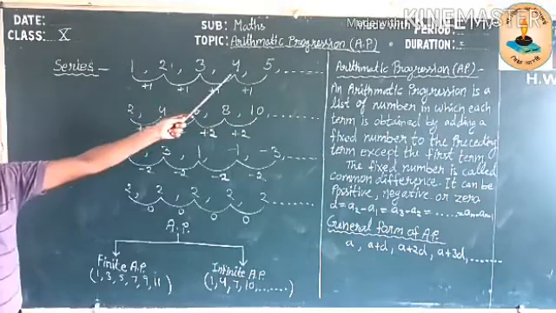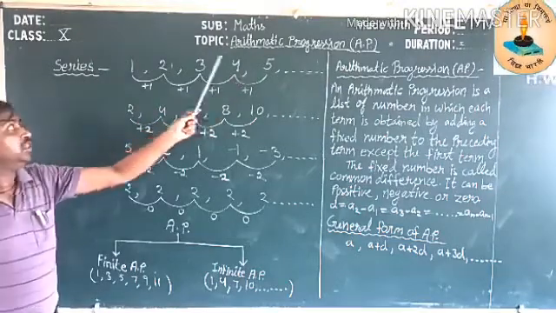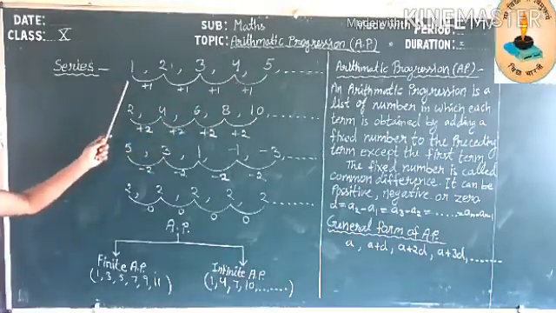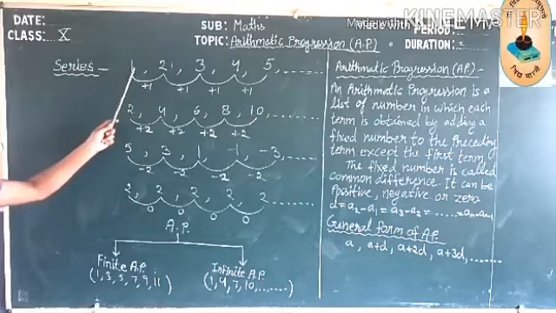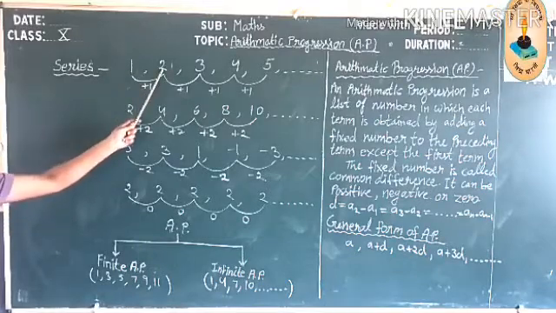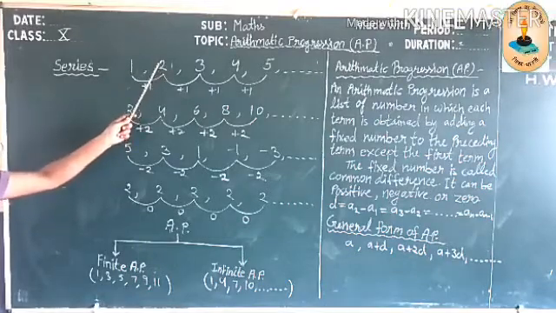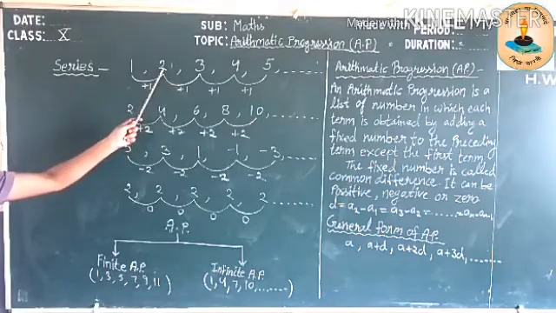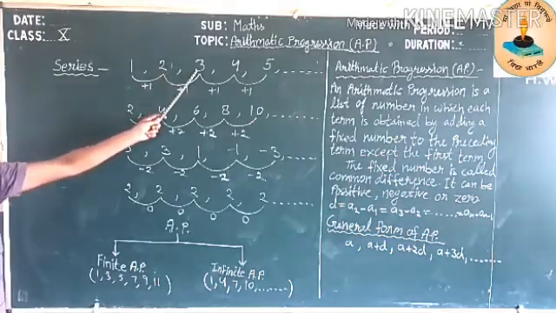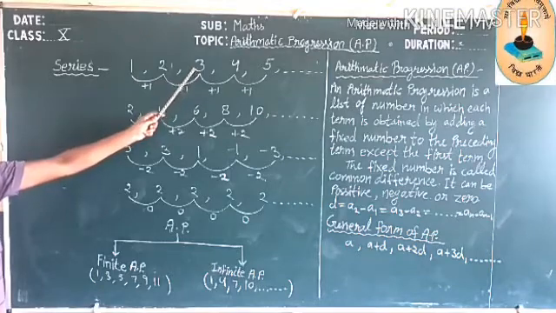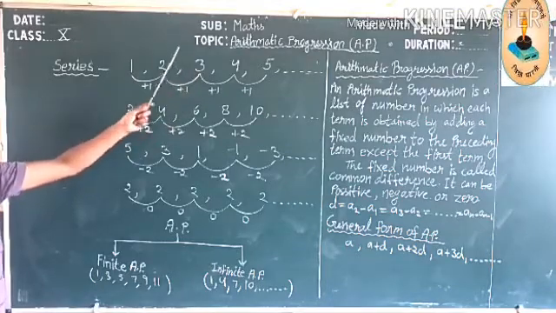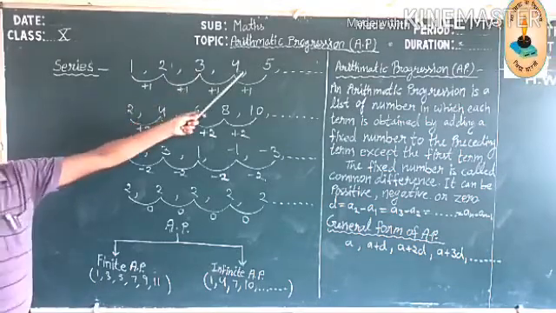These are counting numbers. We see that when we add 1 in the first term, 1, we get 2. Further, when we add 1 in the 2, we get 3. Similarly, when we add 1 in the preceding term, we get the next term.